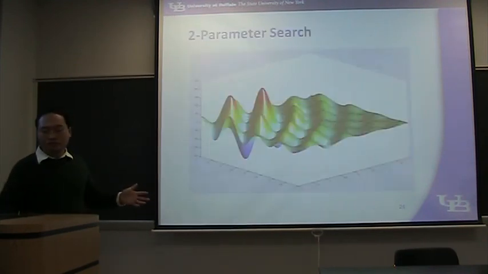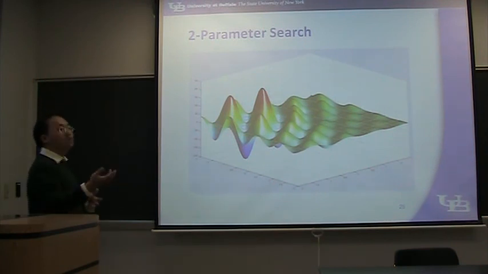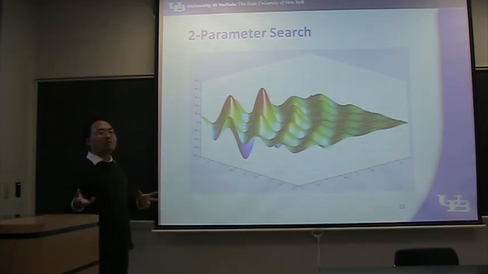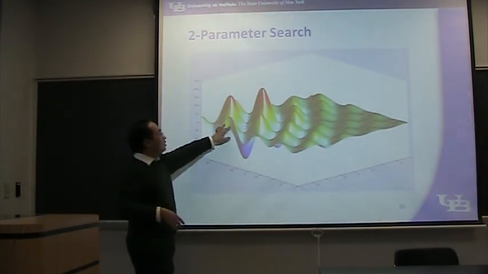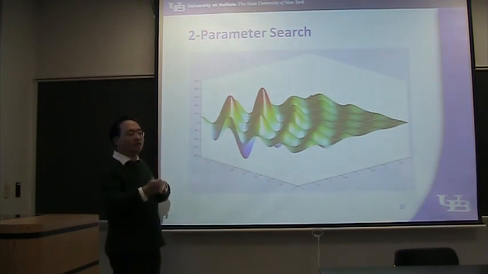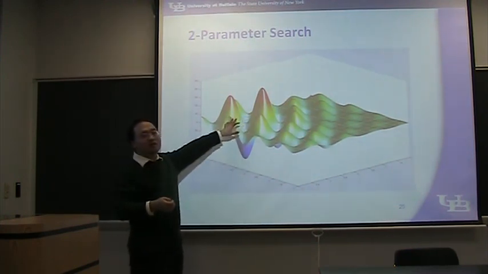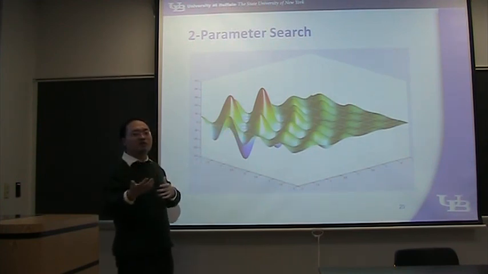It's easier. But let's talk about multiple parameter search. Let's assume you have only 2 parameters. This will be much more complex, because your fitness or objective function landscape may be very spiky. Sometimes it may be very smooth and very flat, which will be easy to search.